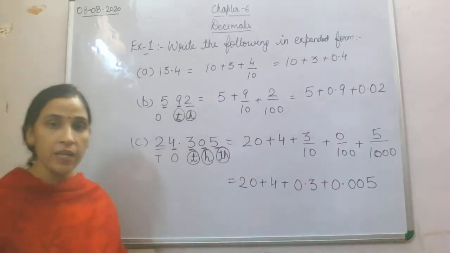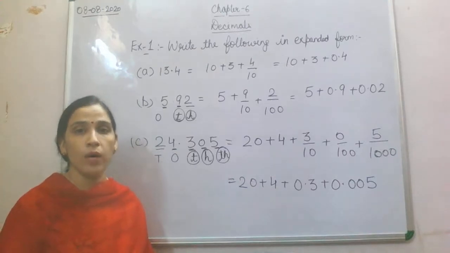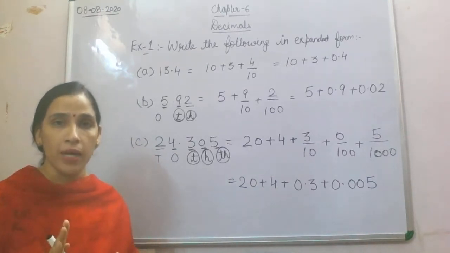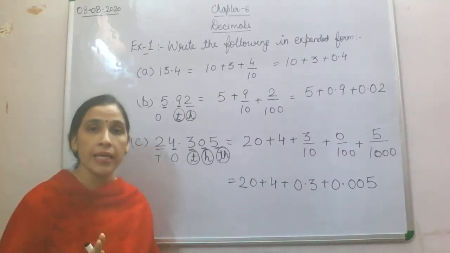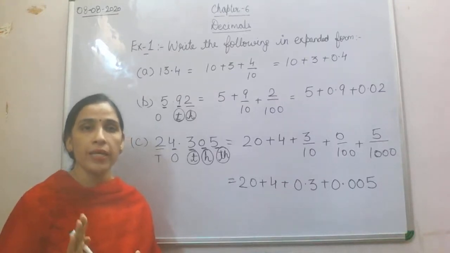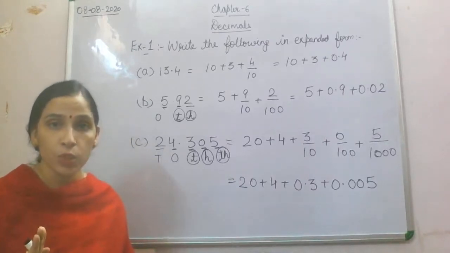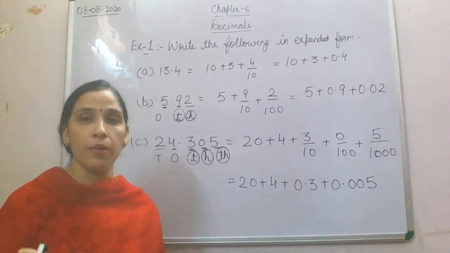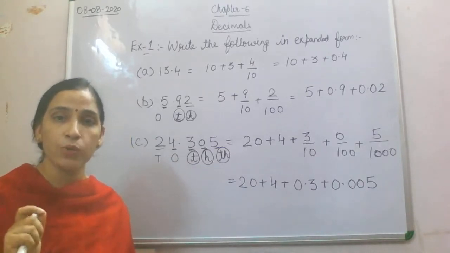So what have we done in our example 1? Let's see example 1 once again. You have been given: write the following in expanded form. Now what you are supposed to do in this question is write the given decimal number using expanded notation, using the place value system.